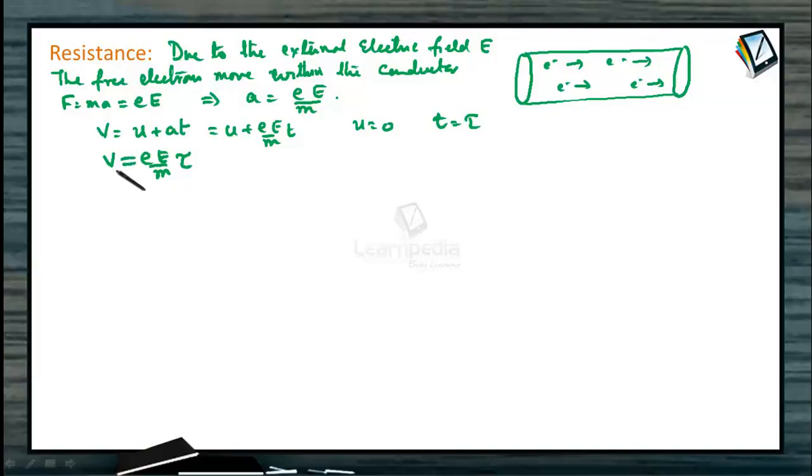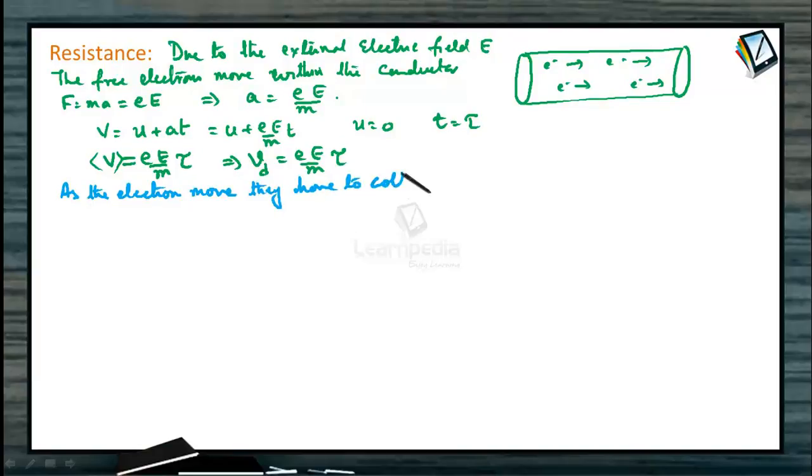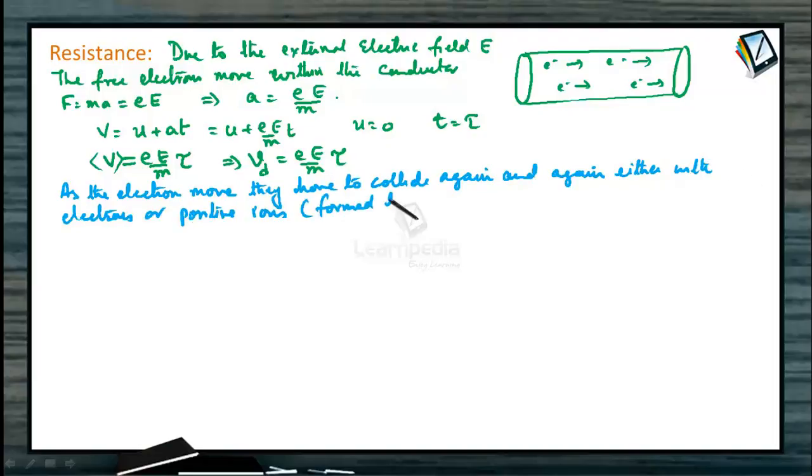This velocity acquired by the electron, the average velocity, we call it drift velocity. So drift velocity is the average velocity eE by m into tau, where tau is called the relaxation time. As the electrons move, they have to collide again and again either with electrons or positive ions formed by removal of free electrons from atom.